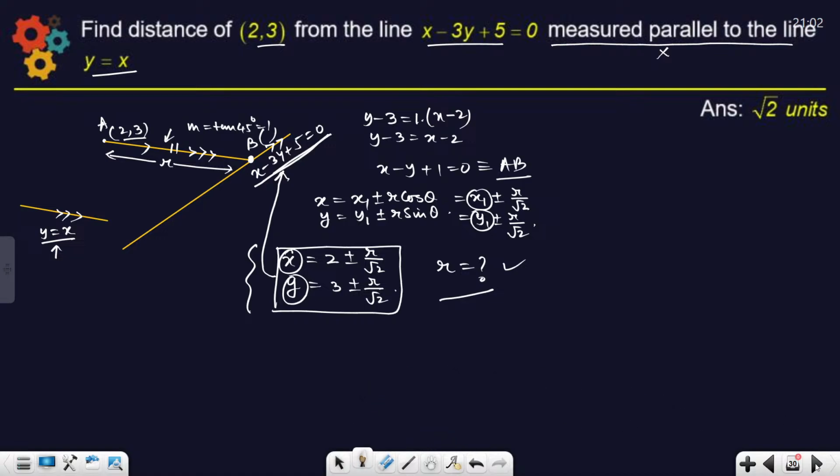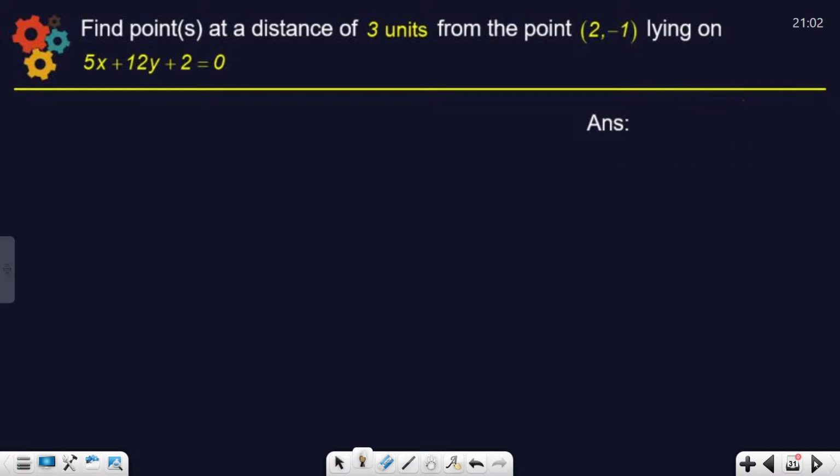Okay. Now, see this question again. Find points at a distance of 3 units from the point (2, -1) lying on this line. Let us say this line is 5x plus 12y plus 2 equals 0.